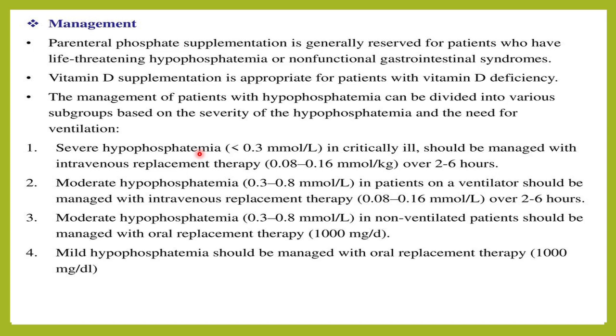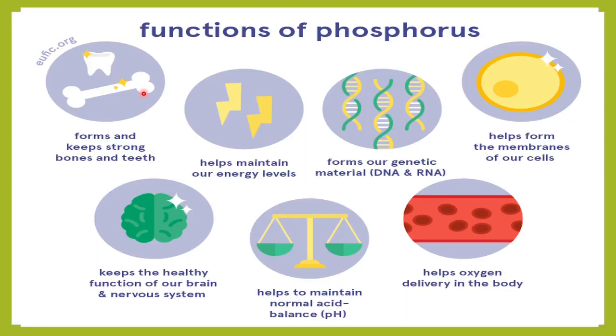Along with that, we will also have to correct the other disturbances of calcium, magnesium, etc., for maintaining homeostasis. Hypophosphatemia sometimes can be life-threatening because it will interfere with cellular functioning, be it the ATP generation or the supply of oxygen through 2,3-DPG.